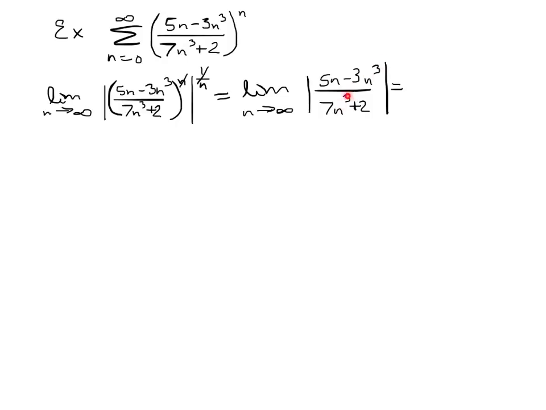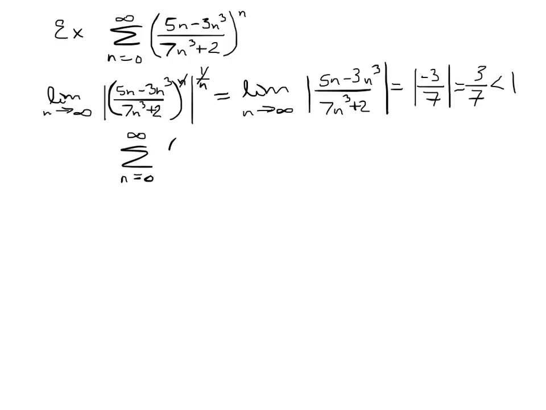The powers are the same. And because the powers are the same, we're going to pick the numbers that are out in front. In the numerator, the number out in front is -3, and in the denominator, the number out in front is 7, and if you take the absolute value, we get 3/7. Now I'm looking back at the sheet. 3/7 is less than 1, and so we get convergence here.